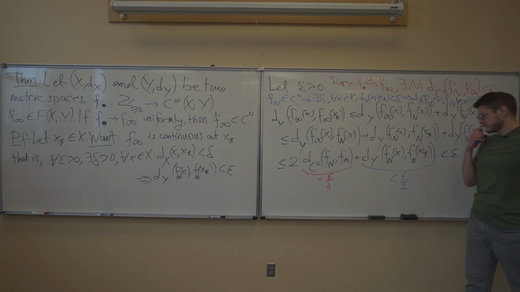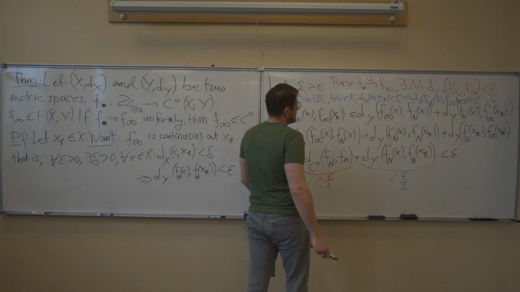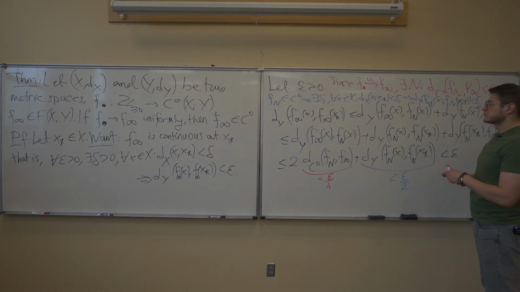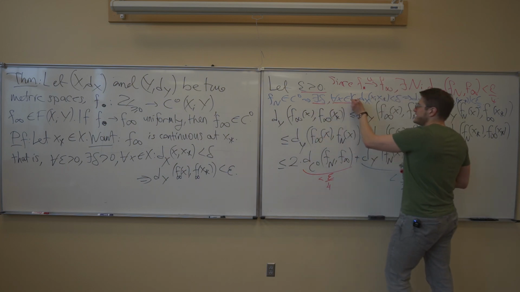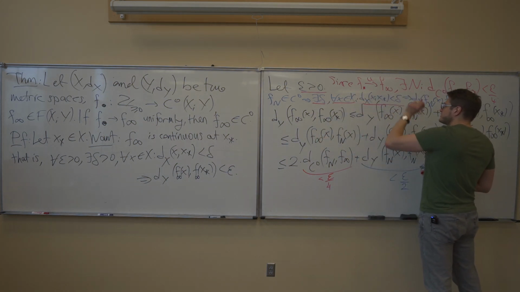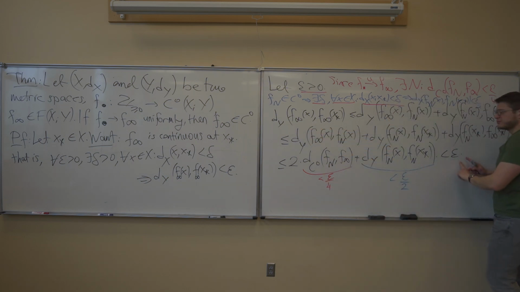So given an epsilon, I was able to find a delta such that for any x in X that is delta close to x star, I have that this is bounded by epsilon.